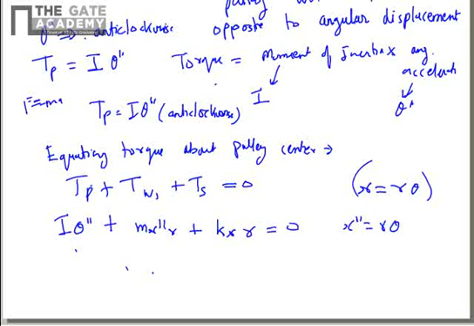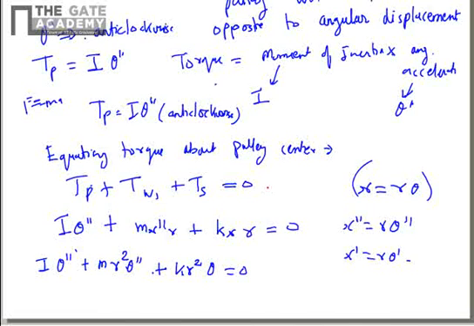So you have x double dash equal to R theta double dash and x dash equal to R theta dash. Okay. So if you substitute these values here, you get I theta double dash plus mass, x double dash is R theta double dash and there is an R already existing, so you get R square, plus K R x, x is R theta, so this one R is already existing, K R square theta is equal to 0.